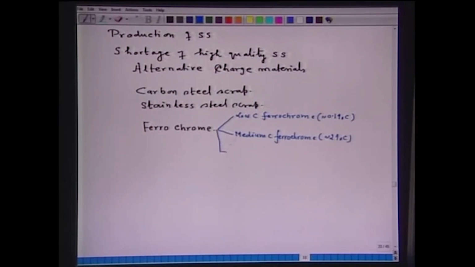Then the third grade is high carbon ferrochrome, which may have approximately 7% carbon. What is the problem in this? The problem is very simple. You are charging carbon steel scrap, you have stainless steel scrap, you mix and calculate, and the amount of chromium is far less. Then you have to add the charge material which contains the chromium. That means ferrochrome is to be added.